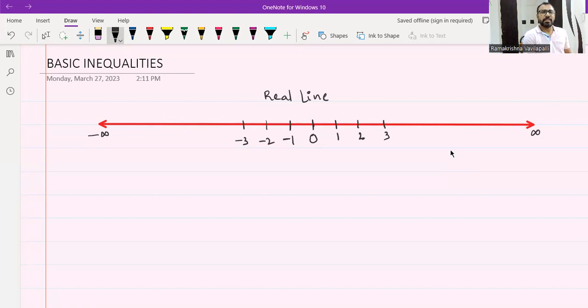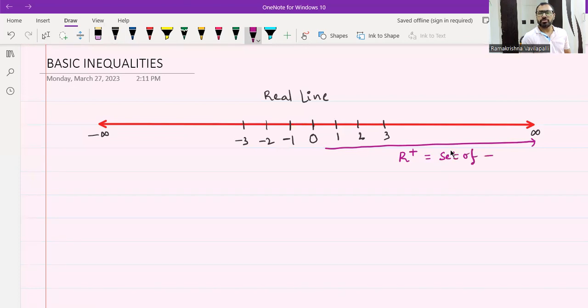This right side part we call R plus, which is nothing but the set of all positive real numbers.